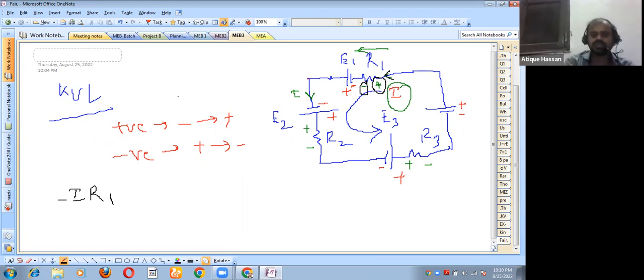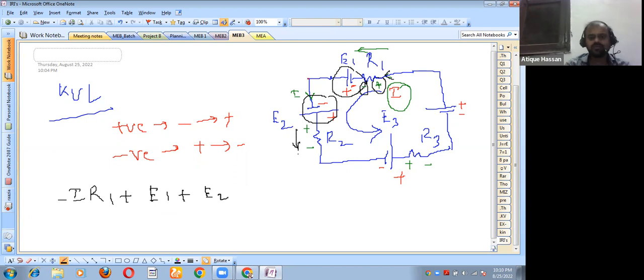Now see this cell. Here we are moving from negative to positive. First we come across negative, then positive. So we will take the positive sign, E1. Similarly, you can see here you are moving from negative to positive, so we will take positive E2.